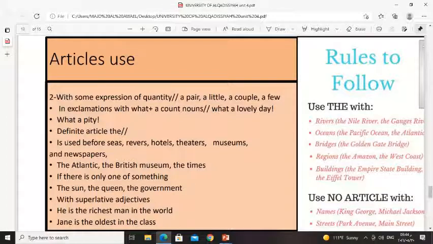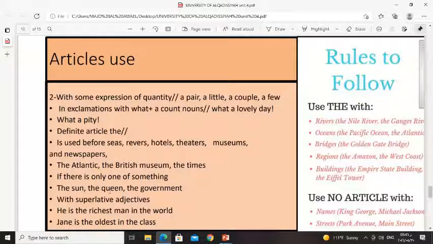The definite article the is used before seas. Pay attention to where the is used: rivers, hotels, theaters, museums, newspapers, the Atlantic, the British Museum. It is used if there is only one of something in this place, like the sun, the moon. There is one sun and one moon in the universe, so we use the with them.